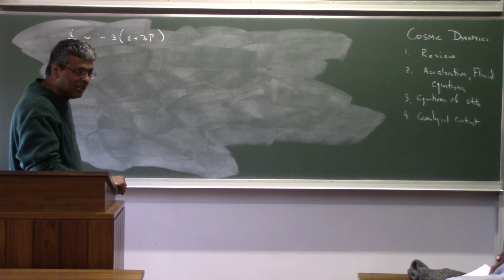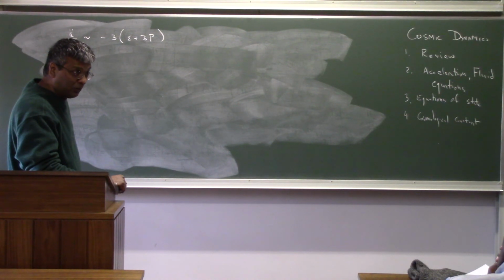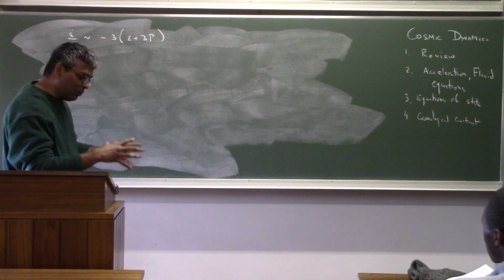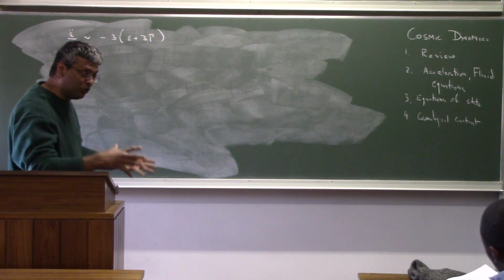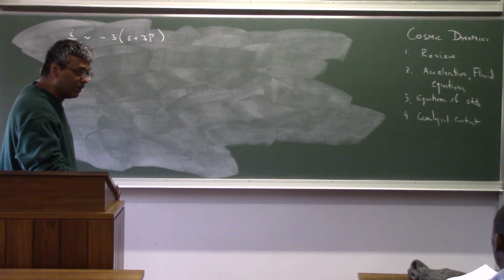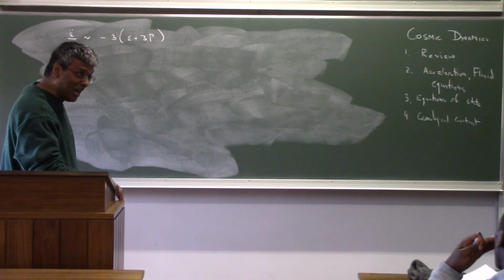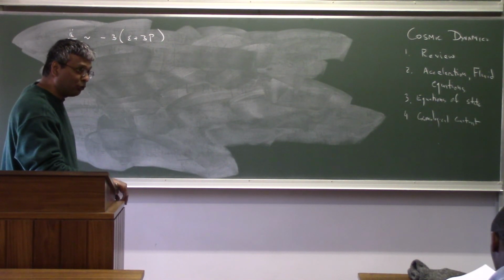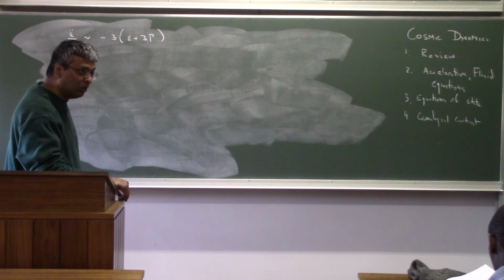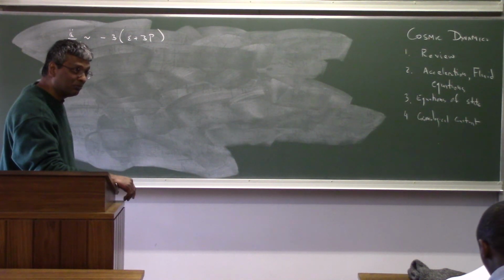And epsilon of t is the energy density of the stuff in the universe. The stuff in the universe also exerts a pressure. So the pressure affects how the universe expands or contracts. So it's the energy density and the pressure describing how the stuff in the universe is behaving, and the scale factor is telling us how the geometry responds to that stuff.